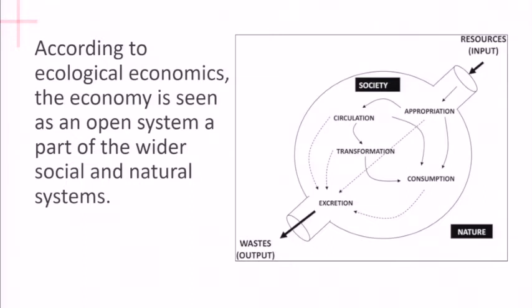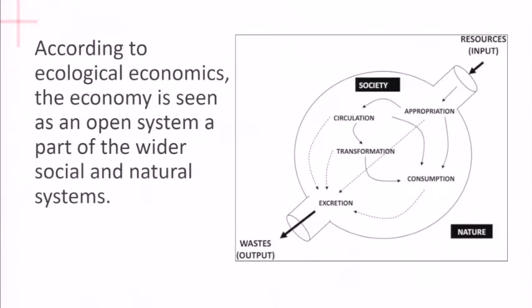As shown in the picture, we take resources from the nature, and these resources get into the society, and in the society, depending upon the requirement, they are apportioned and circulated, they get transformed, and in the process they get consumed. After it is consumed, the excretion comes out as waste. So this is the process that happens.